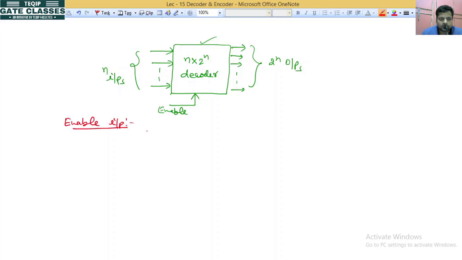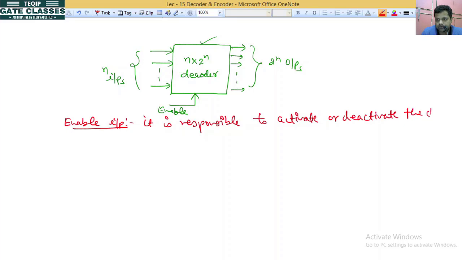If we talk about enable input, होता क्या है? It is responsible to activate or deactivate the circuit.